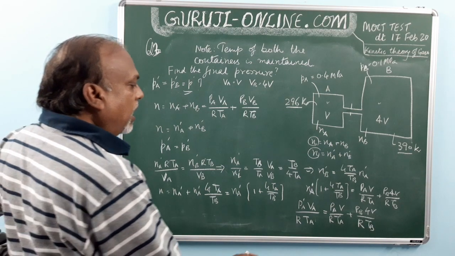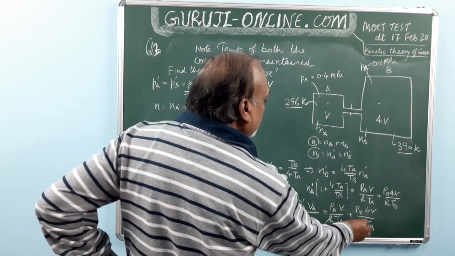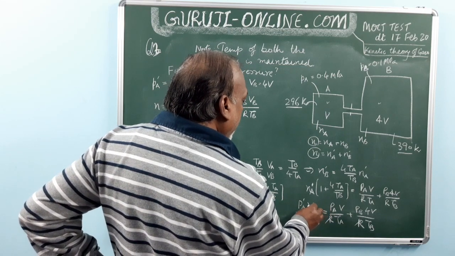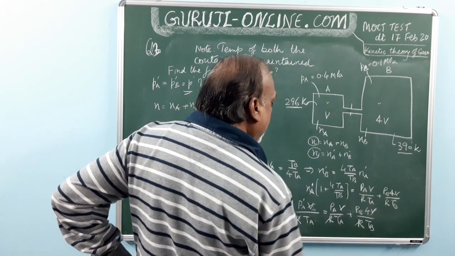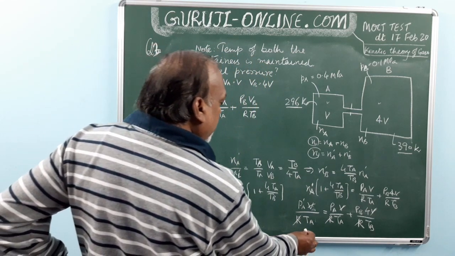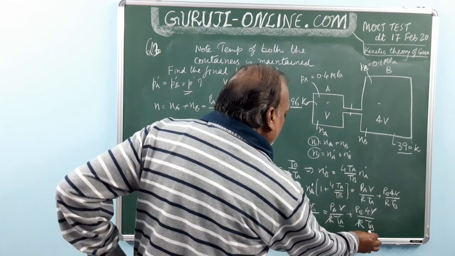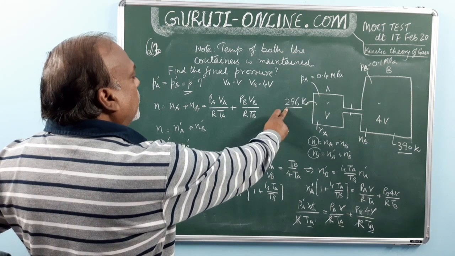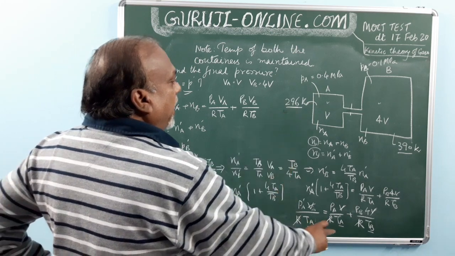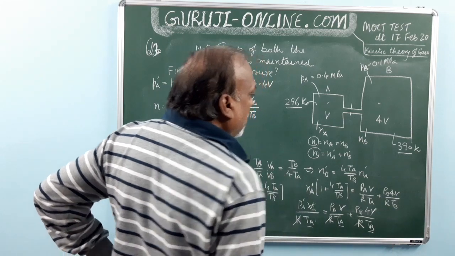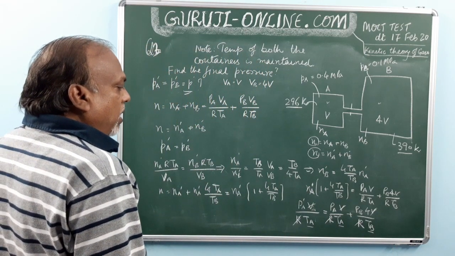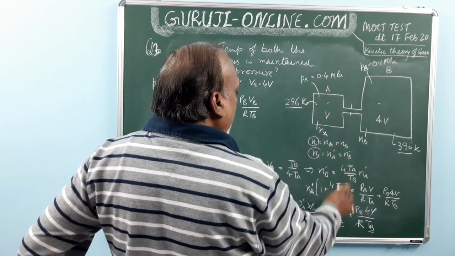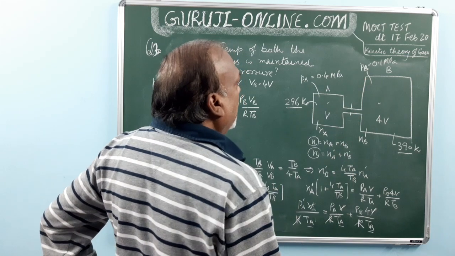This R cancels out. Va is nothing but V. This V also cancels out. Ta we know, Tb we know. Ta is nothing but 296 Kelvin and Tb is nothing but 390 Kelvin, and Pa also we know 0.4 MPa and Pb we also know 0.1 MPa.